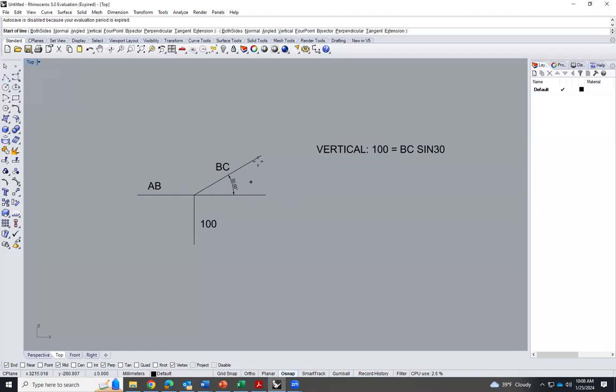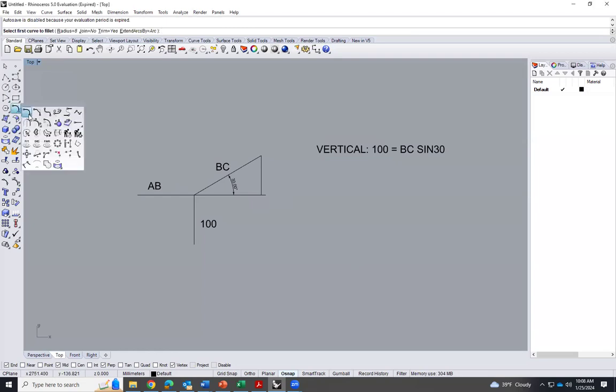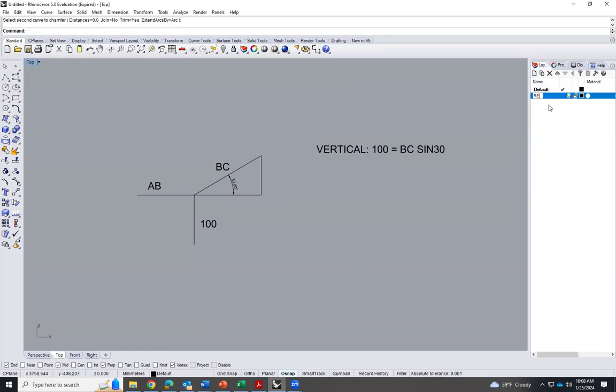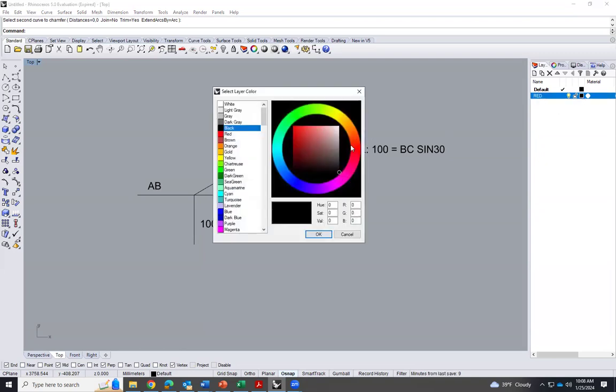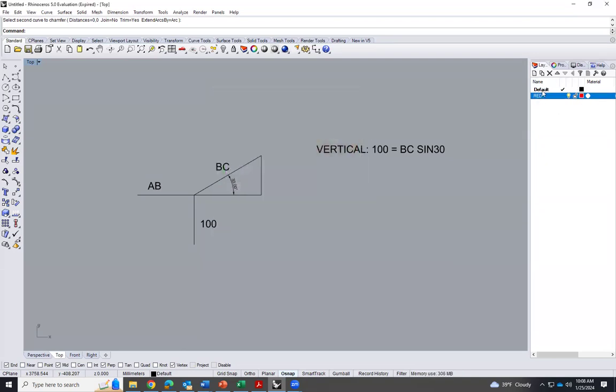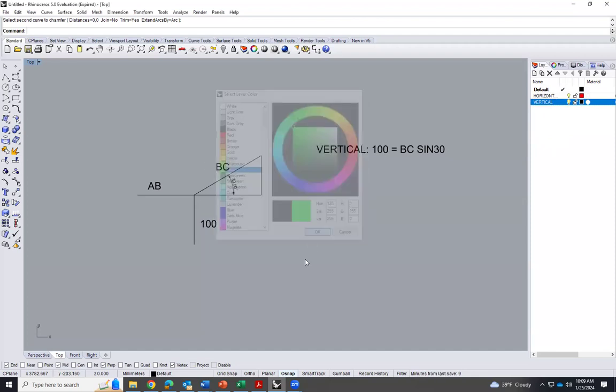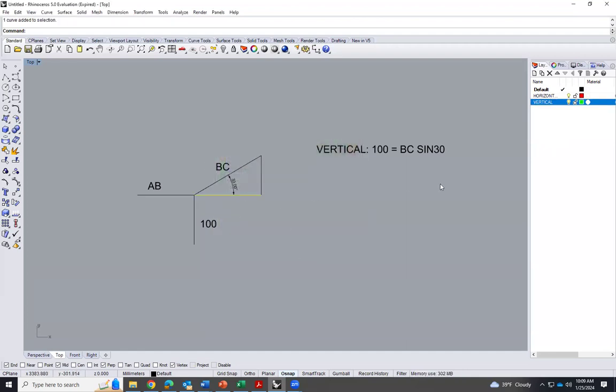If we do this, the vertical component going up, I'm going to create a new layer, red, and that's going to be red. I'm going to rename these to horizontal, and I'm going to create a new layer, vertical, and it's going to be green. So what's the horizontal component?